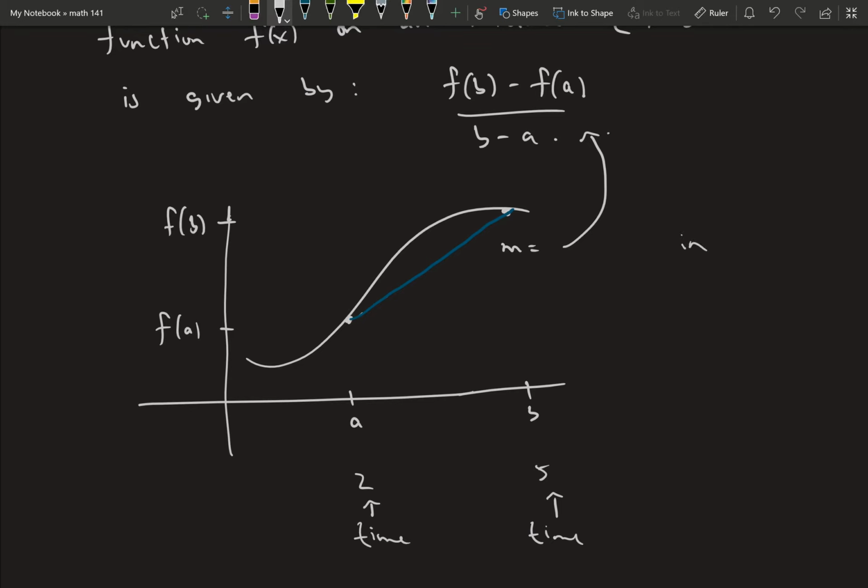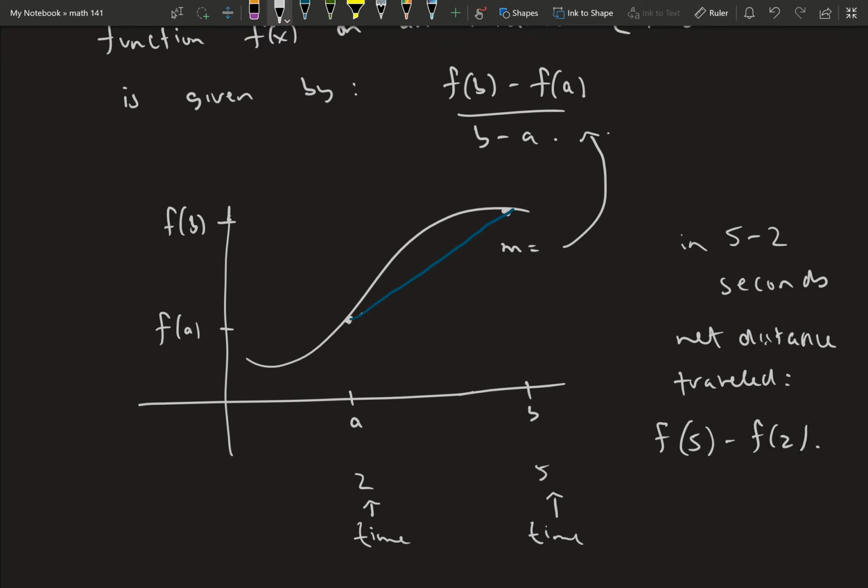Then in 5 minus 2 seconds, my net distance traveled would be f of 5 minus f of 2, right? That's our net change, if you remember from one of the previous sections. So the overall average rate of change is the net distance traveled over the time elapsed. That's the physical interpretation of this formula.